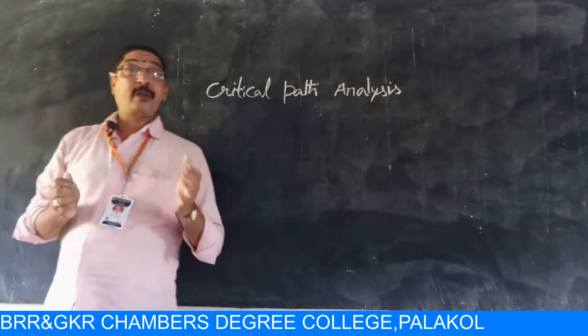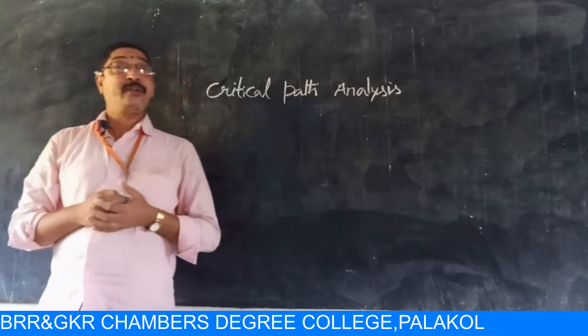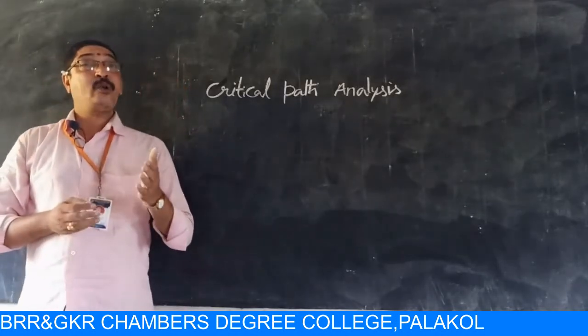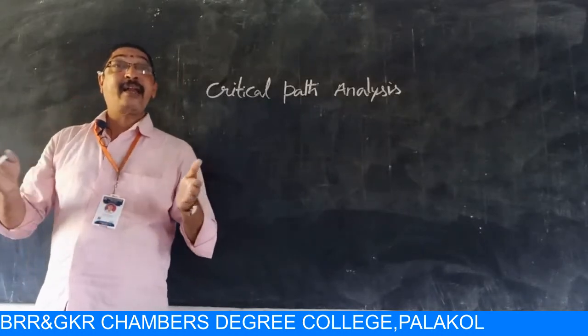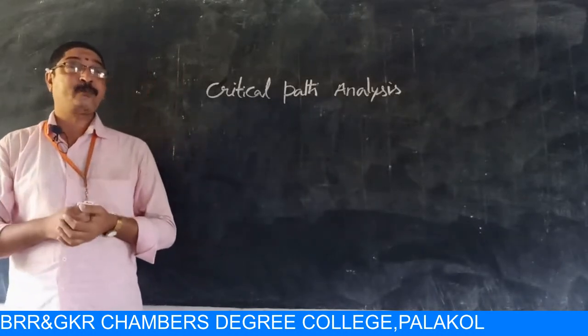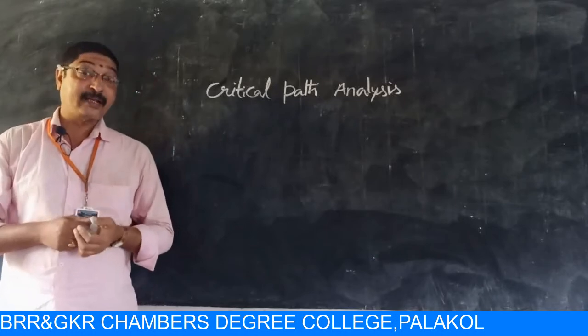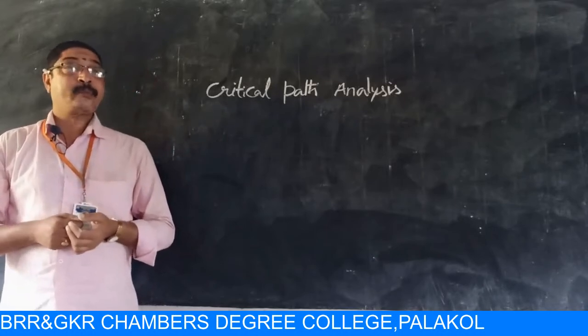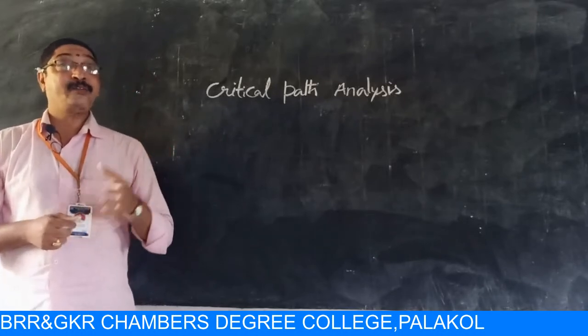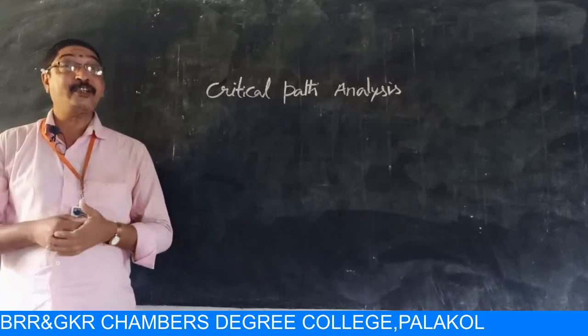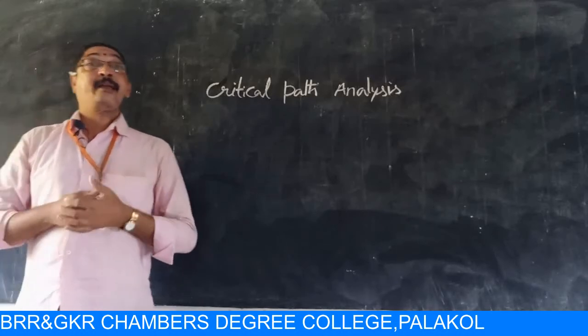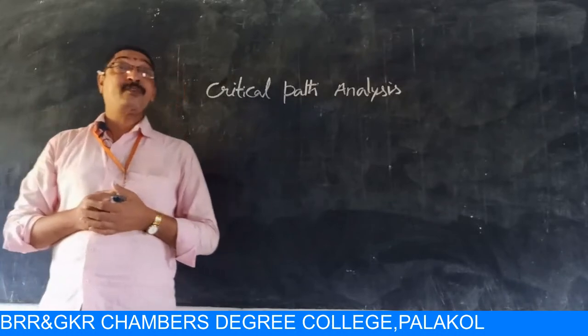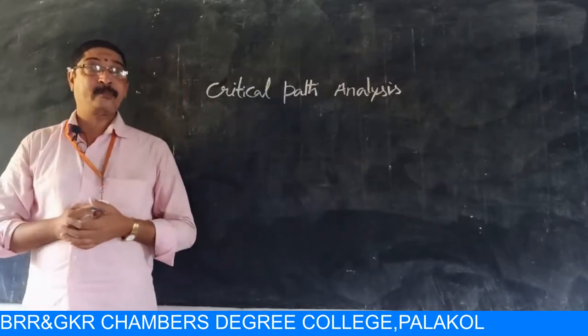That means for a problem, there will be so many solutions. One solution will be lengthy and another solution will be shortest. So this also helps us identify the shortest path, which is the easiest path. This can be examined with the help of critical path analysis.